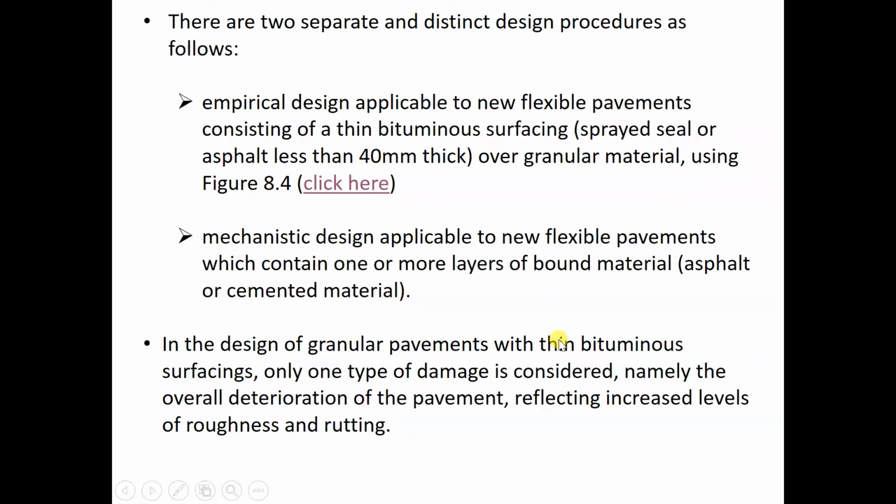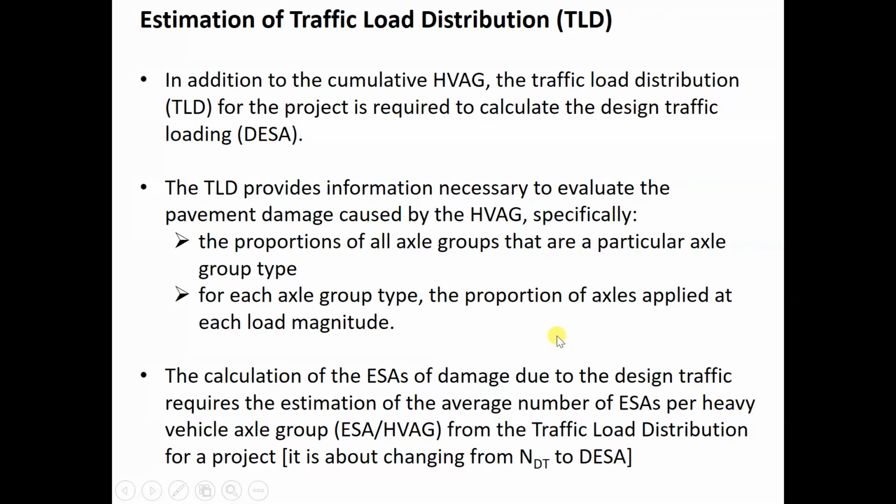I think I overshot a bit. We want to go from HVAG to the ESA, so that we can have the same units, because the heavy vehicle axle group we can convert to the equivalent standard axle.